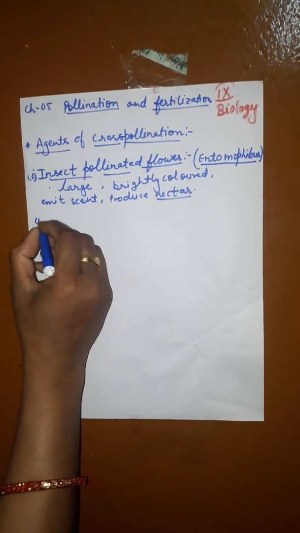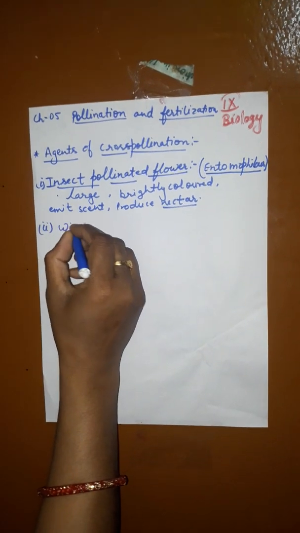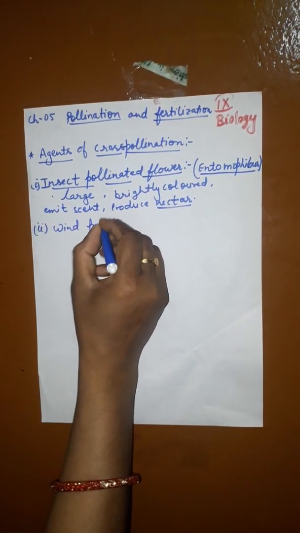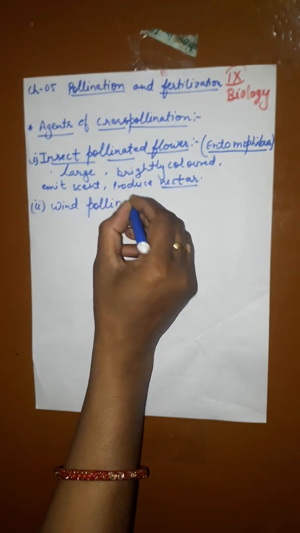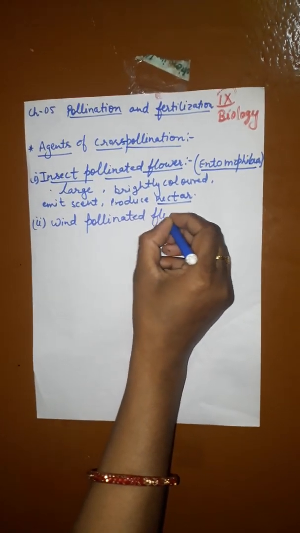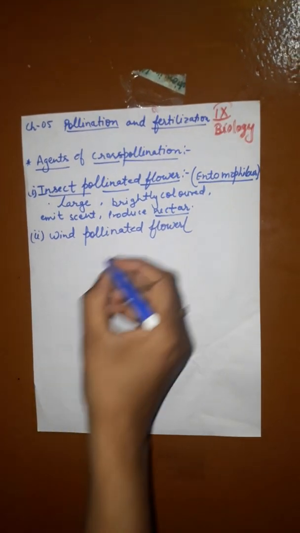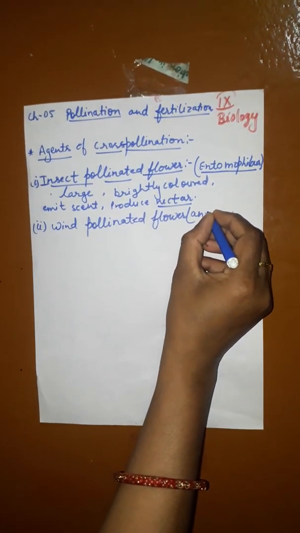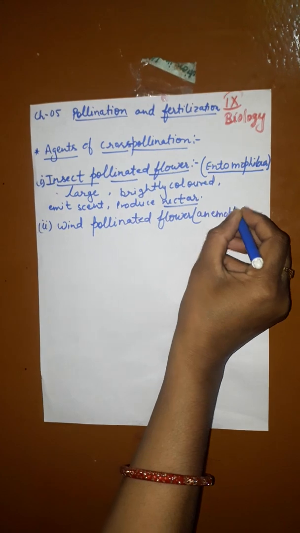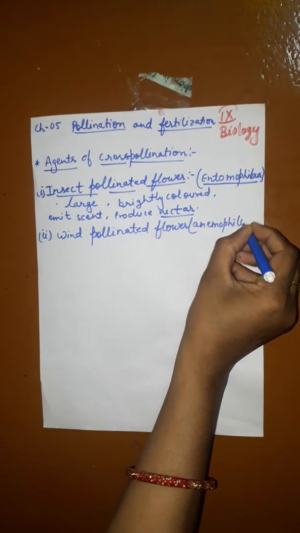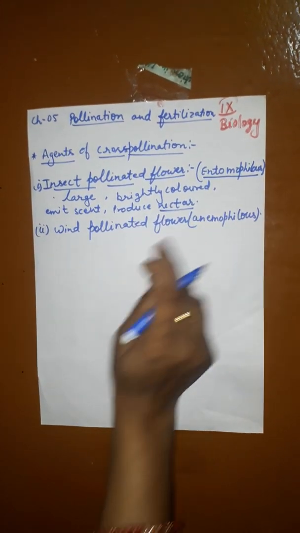Now next is wind pollinated flower, also called anemophilous flower.